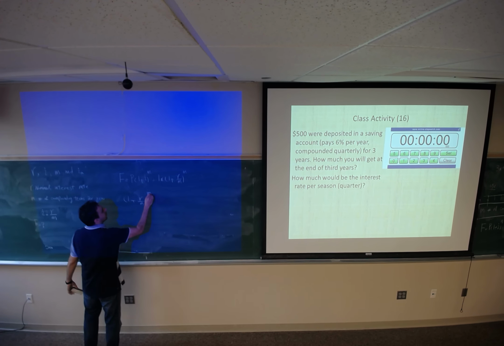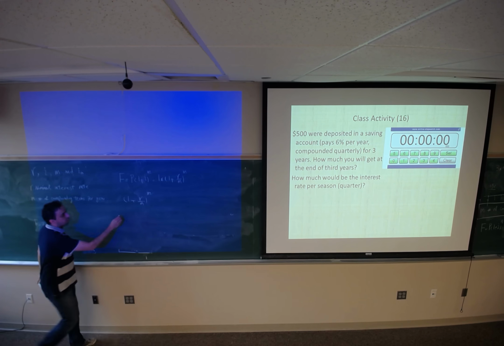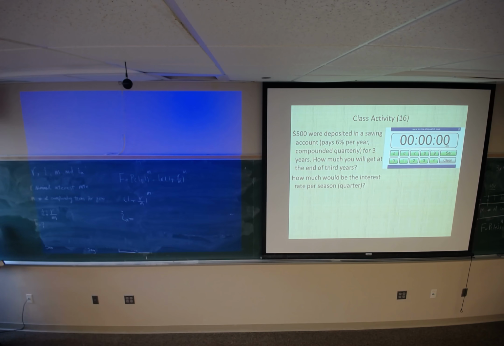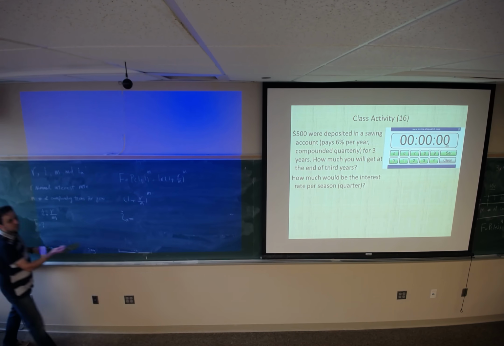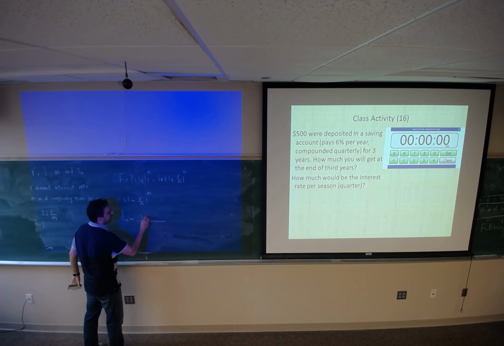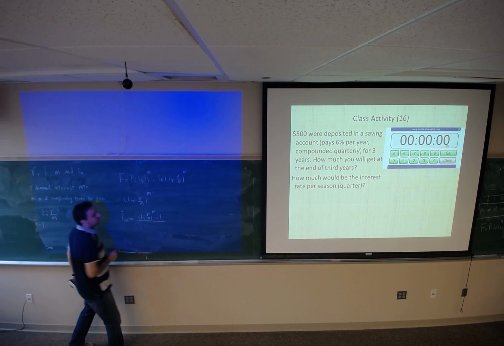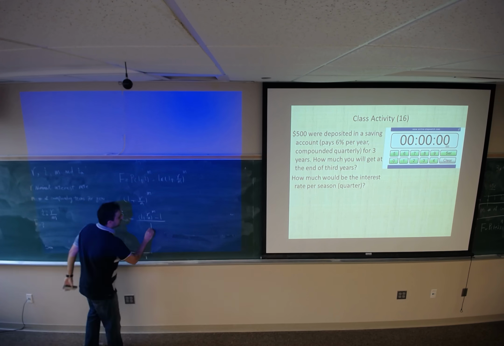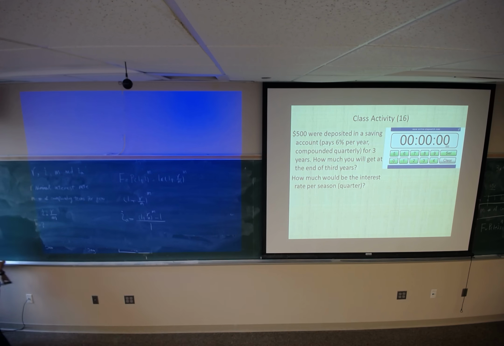Now, if you want to find the effective interest rate, you deposit $1 and you withdraw this value. The effective interest rate over 1 year is gonna be the future value, 1 plus R over M to the power of M, minus the present value, the money that you put in the account, divided by the money that you put in the account at the beginning.